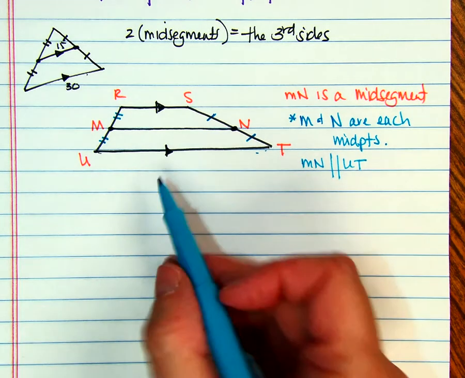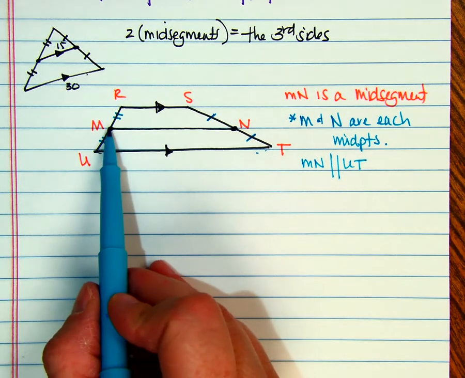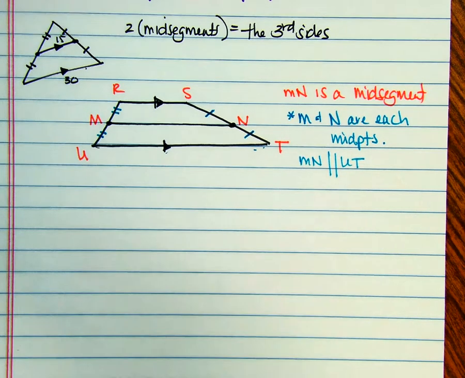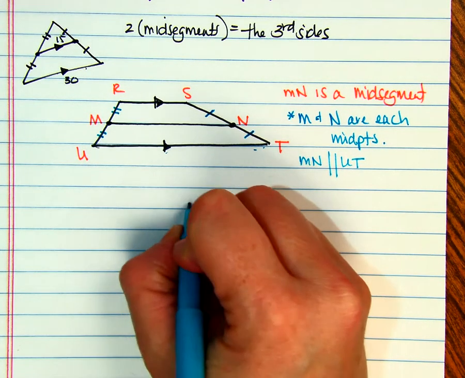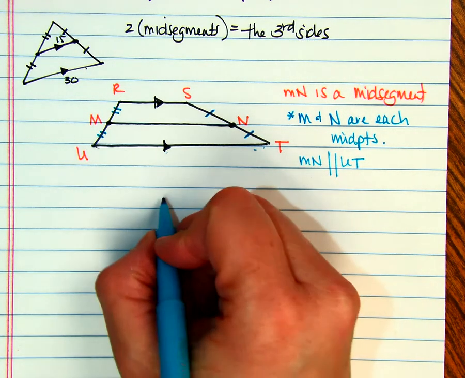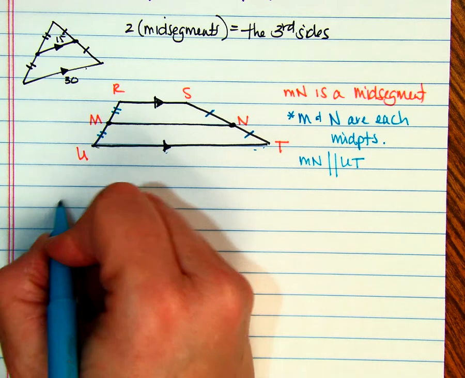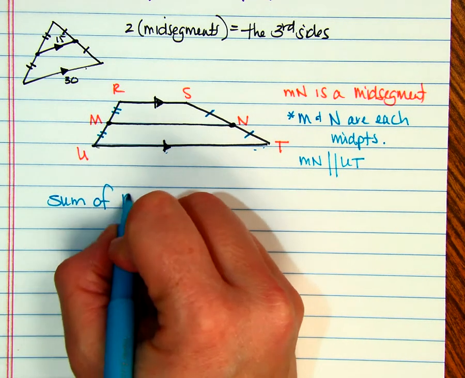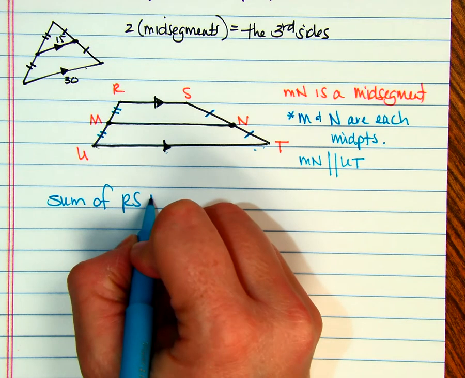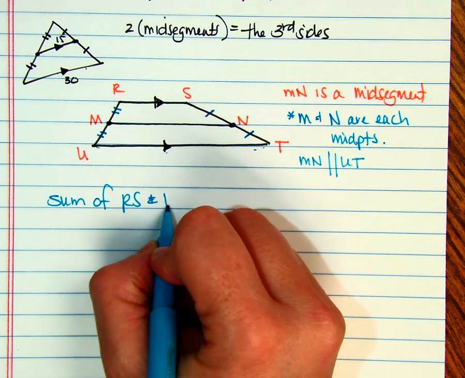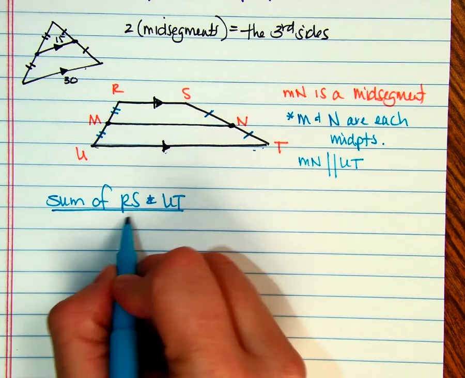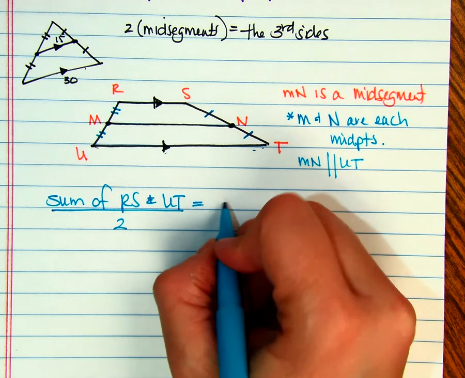And I know that there is a relationship between the length of the midsegment and its two bases. So I'm going to give this to you two different ways. You could say that the sum of RS and UT divided by 2 equals the midsegment.